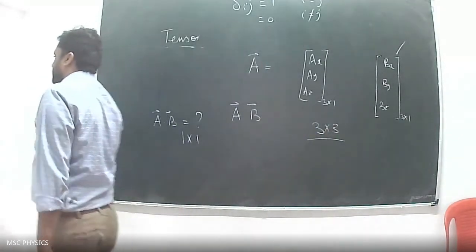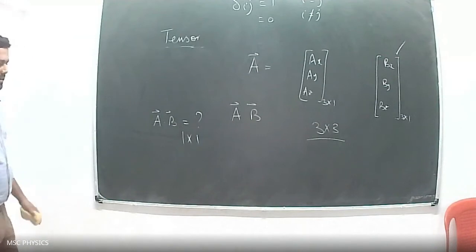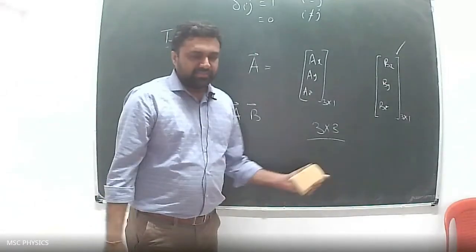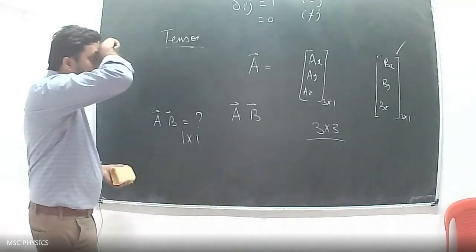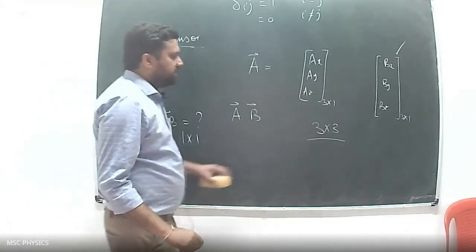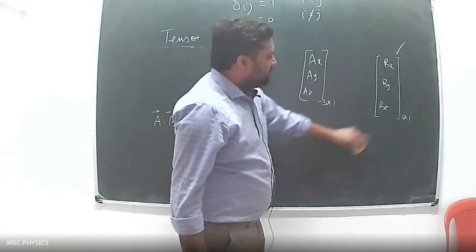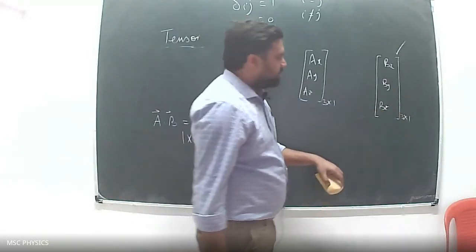3 cross 3 matrix. We can do that also, right? Yes. What do we have to do for that? Cross product? No, not cross product. We will not talk about cross. So this is 3 cross 1, and this is the transpose of B. So this should be made 1 cross 3, right?